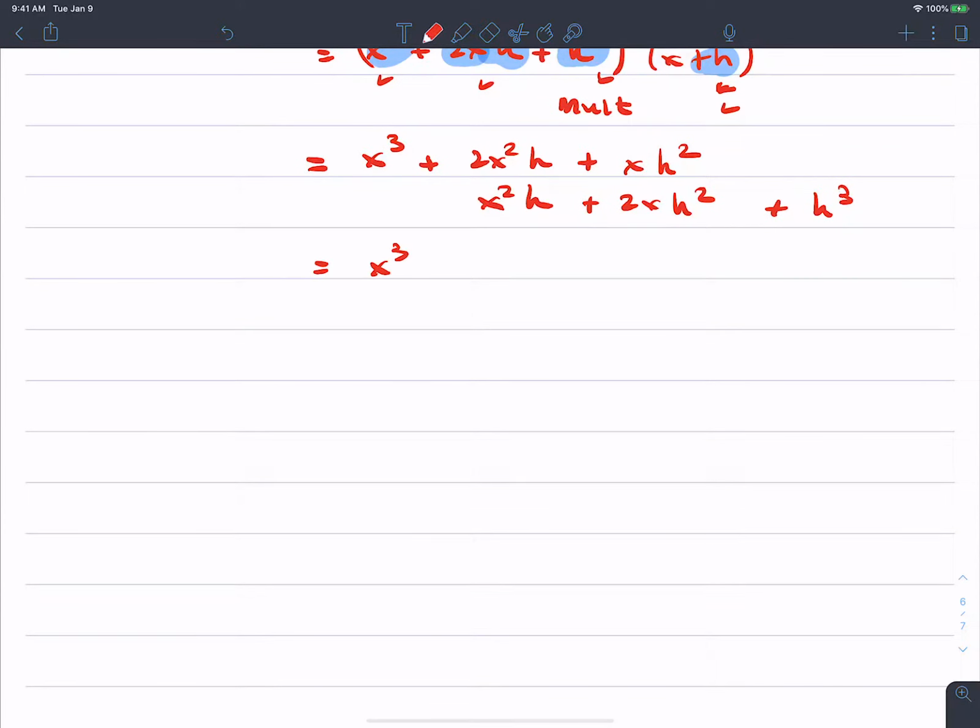And as you guys can see now, these two terms cancel. All right, x cubed and minus x cubed. So you're left with 3x squared h plus 3x h squared plus h cubed over h.